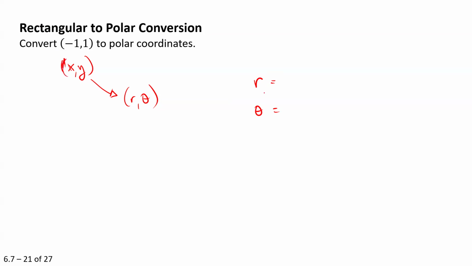Zach, you know? Square root of x squared plus y squared. Yeah, the distance from the origin. And for theta, what we find is tangent theta, which is equal to y over x.